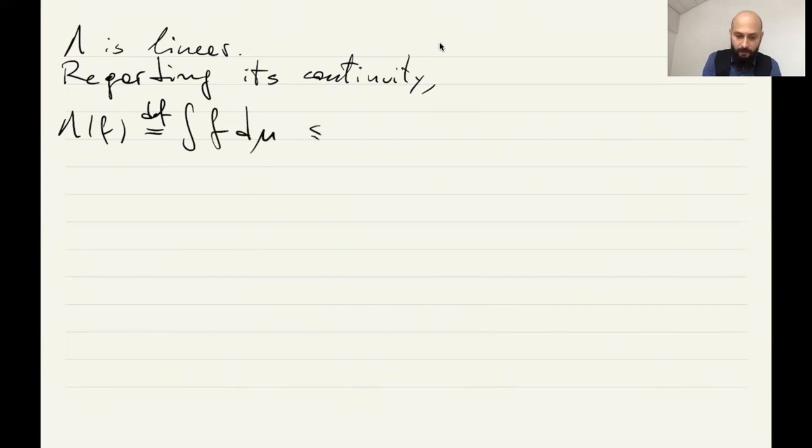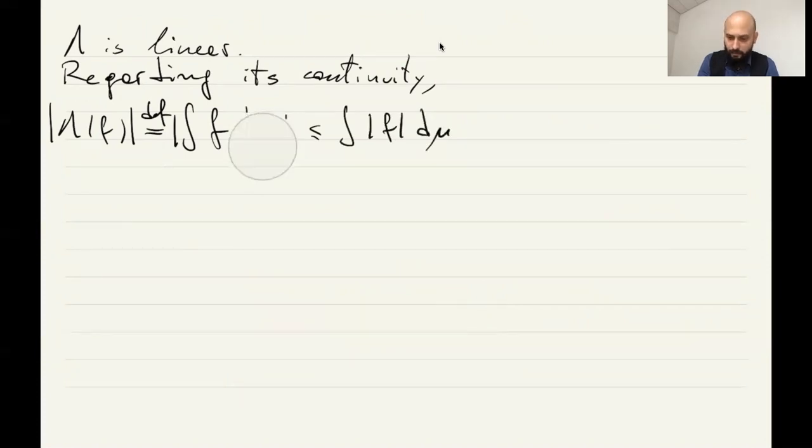If you take the norm of this number, it's bounded by the integral of the absolute value of f d nu. Now I'm assuming in this proof that nu is a positive measure as well.